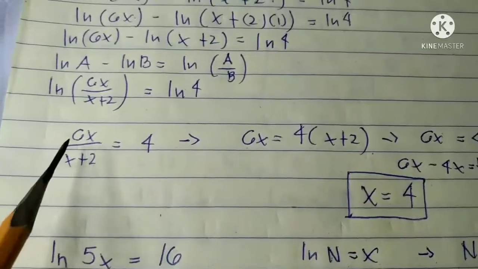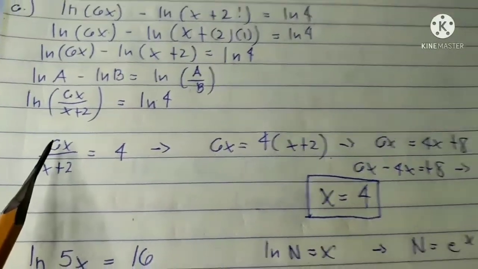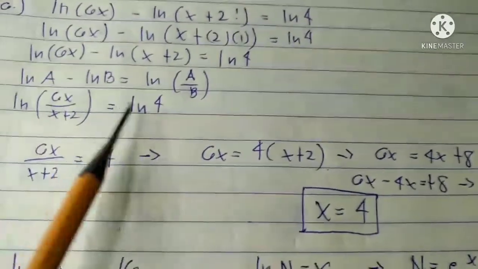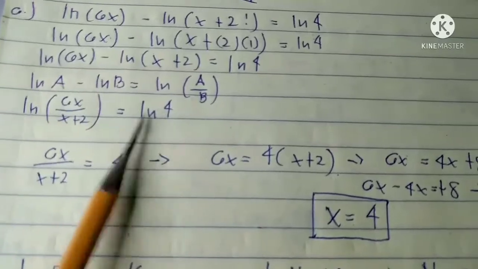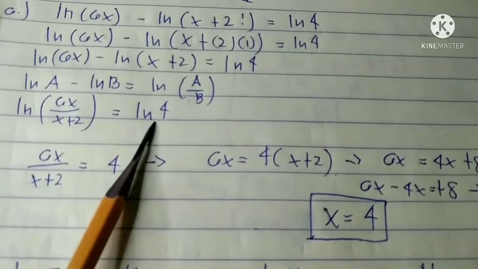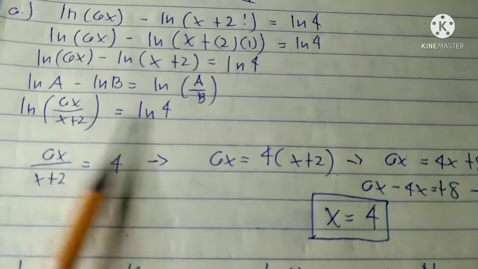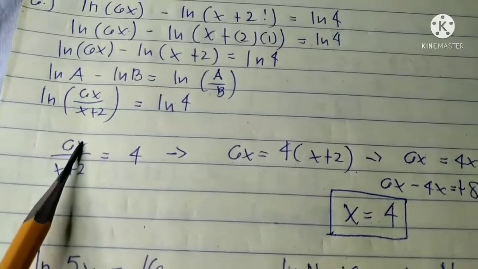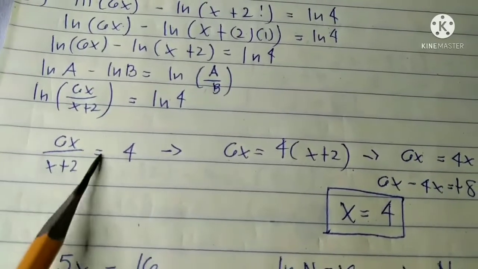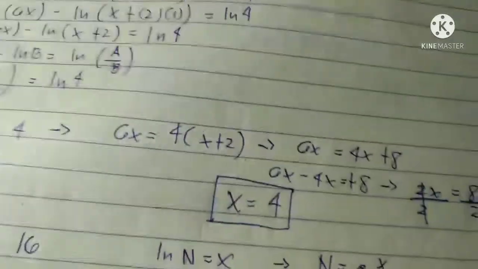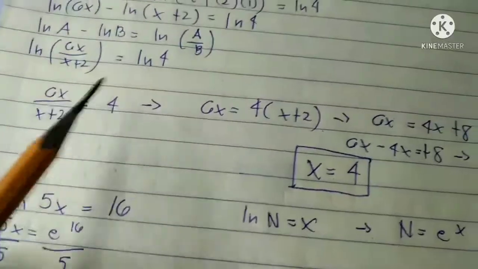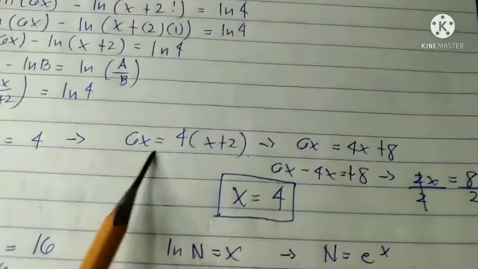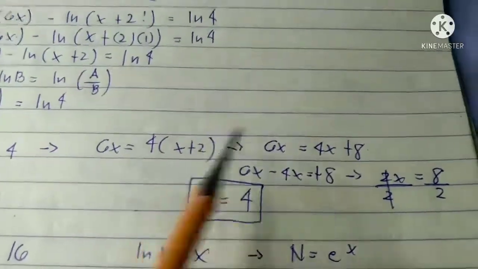Then we can write this, because they have the same base, as 6x over x plus 2 is equal to 4. Then we can cross multiply, so we will get 6x equals 4 times x plus 2.